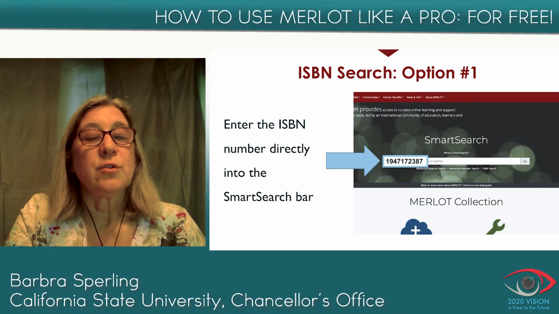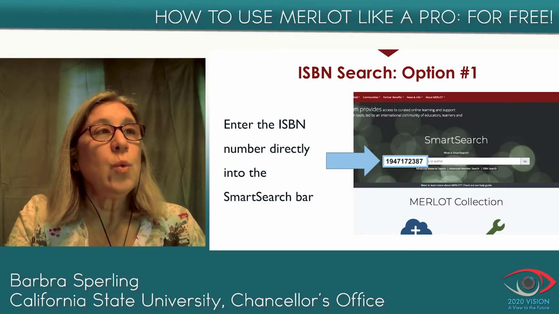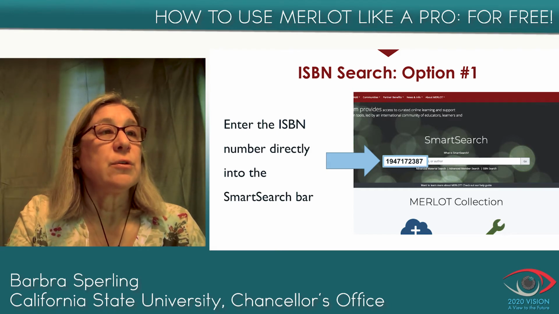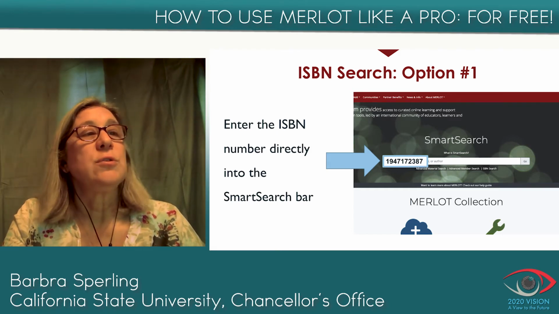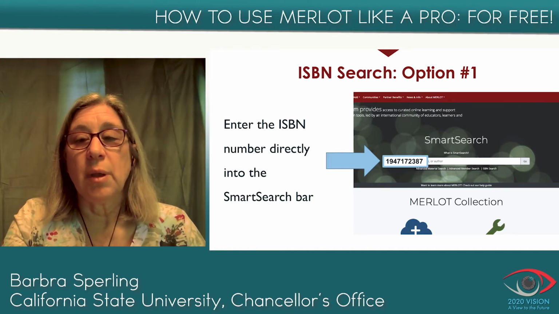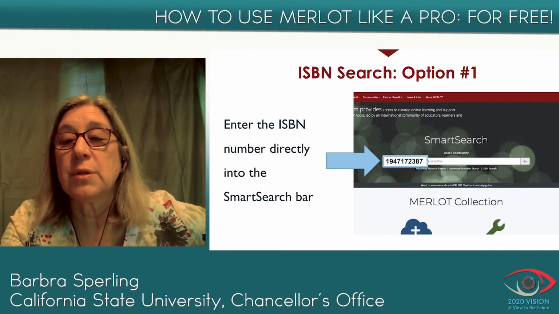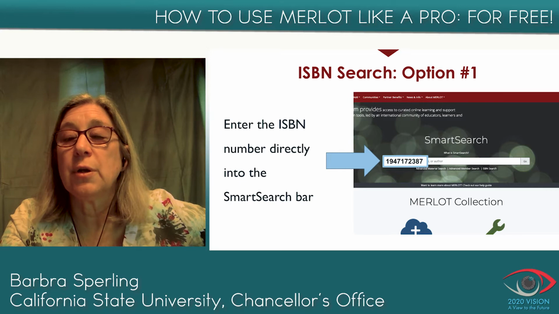We then took the search one step further, and we have what we call our ISBN search. What this allows you to do is take an ISBN number from a textbook. Maybe it's a costly textbook that you're using for your course and it's costing your students a fortune.